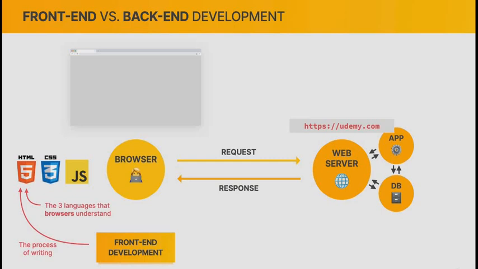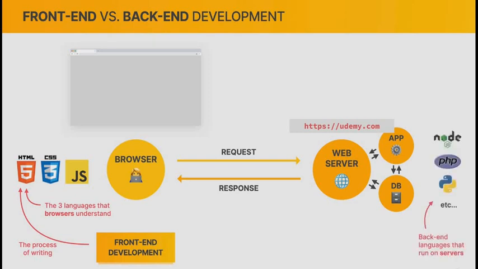Now, to do all this, front-end technologies like HTML and CSS are simply not enough. So, basically, with what you're going to learn in this course, you're not going to be able to build something like udemy.com. Alright?